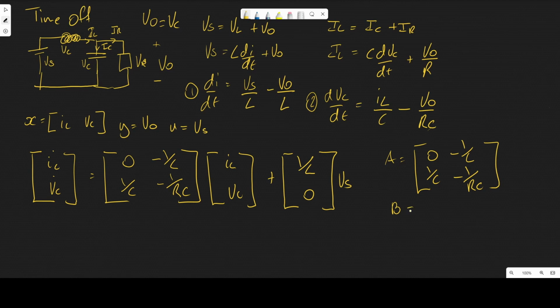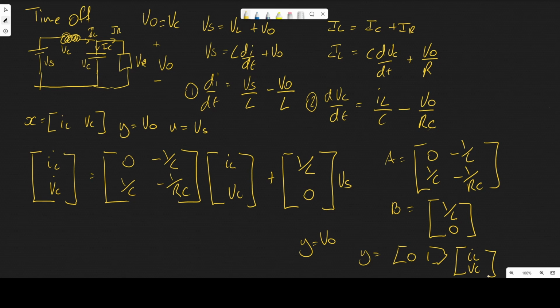The B matrix is equal to 1 on L, and the C matrix, since we've chosen y equals Vout, is the same as the other circuit. So y is equal to 0, 1, IL, and Vc.